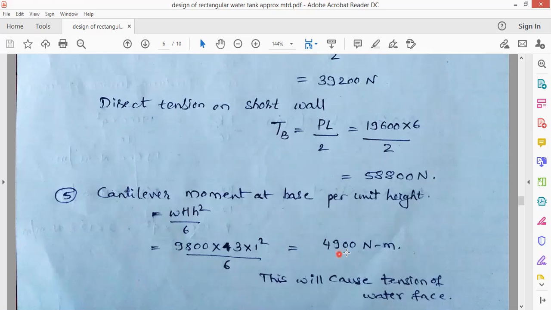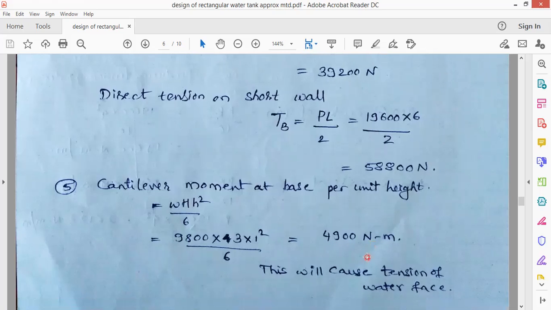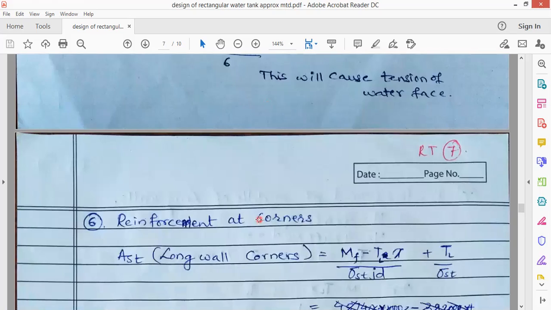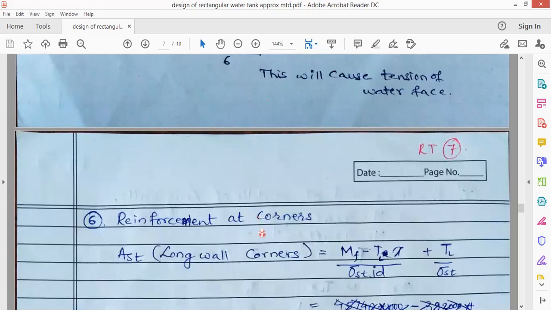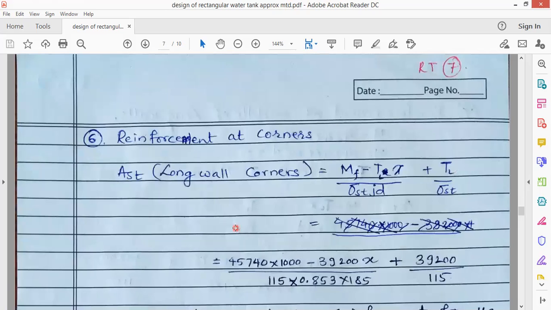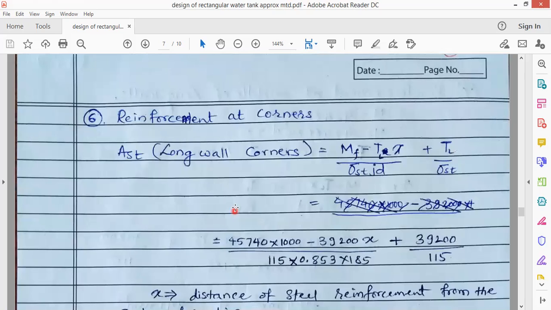So it will be 4,900 Newton meters. This will be causing tension on the water face. So once we obtain the moments and these direct tensions on the short wall and long wall, we will calculate the reinforcement at the corners and at the center span.